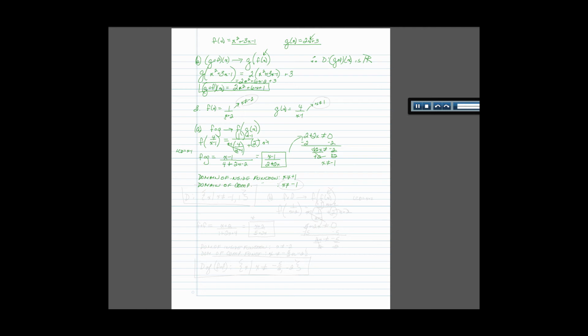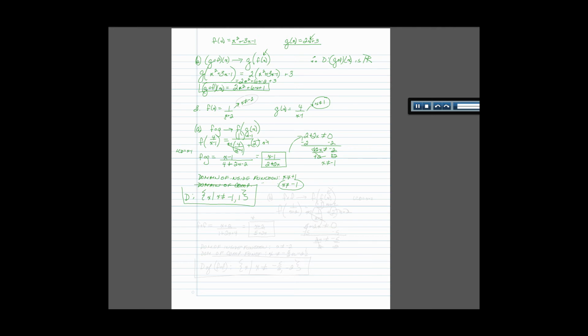So what is my final domain? My final domain is the set of all x such that x does not equal negative 1 or positive 1. Here was my inside function restriction. Here is my composite function restriction. So this is the final domain.